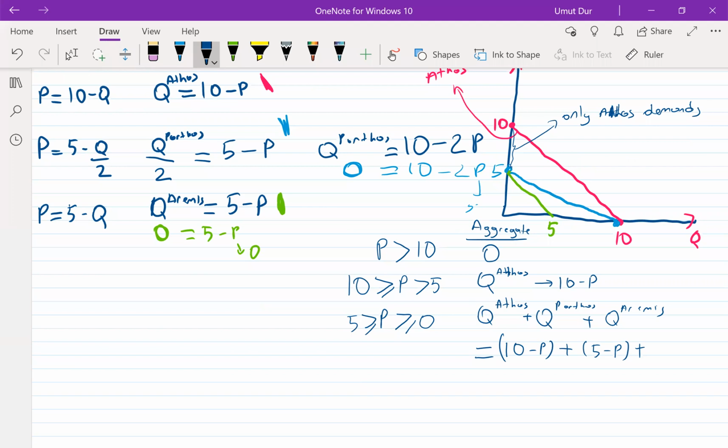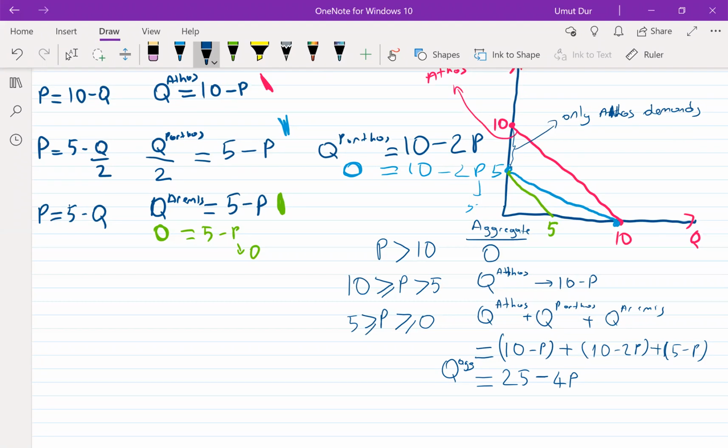Sorry, 10 minus 2p and 5 minus p. Then I sum them up. The constant term is 25 minus 4p. So the q aggregate, when price is between 5 and 0, is 25 minus 4p.